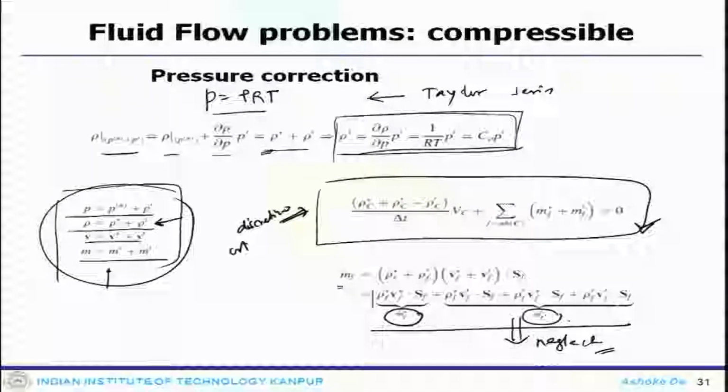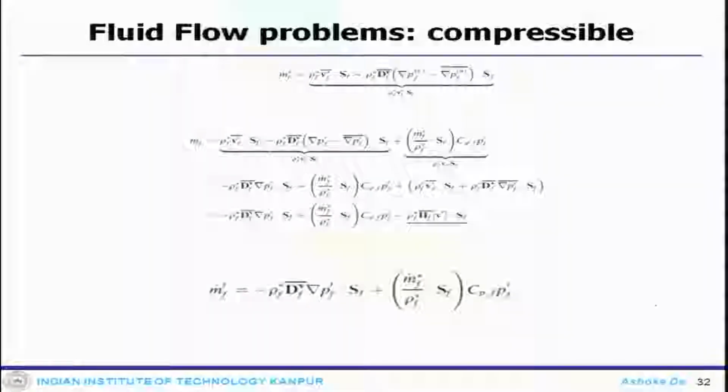The second order correction terms, like rho prime v prime dot s f, are neglected, because this term is typically smaller. Neglecting it does not influence the iterative process or the solution process too much. Now we use the Rhie-Chow interpolation.